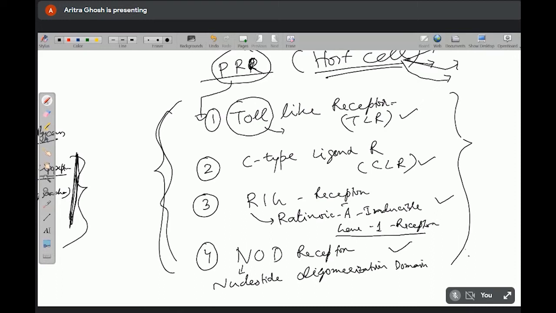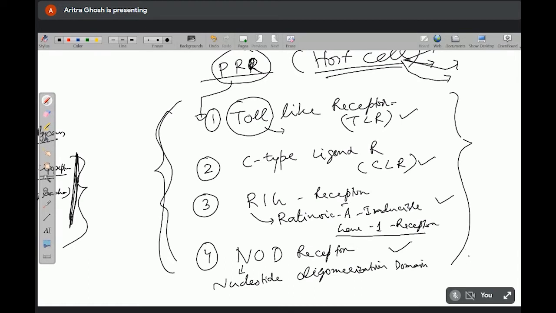This is the cell membrane, and I have kept a cell and nucleus. So toll receptor is present in the membrane as well as intracellular. Why intracellular? Suppose some bacteria enters into the cell, that means an intracellular organism is there, then these will recognize it. It is not that bacteria will only stay outside and never enter inside; they will go inside us too. So some receptors must be there. So toll receptor is present in the membrane and also in the cytosol.